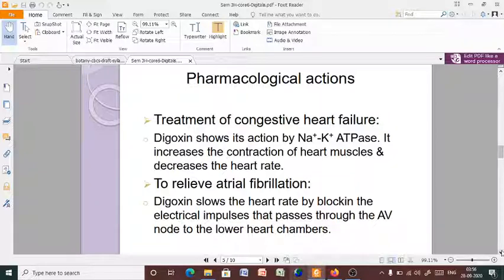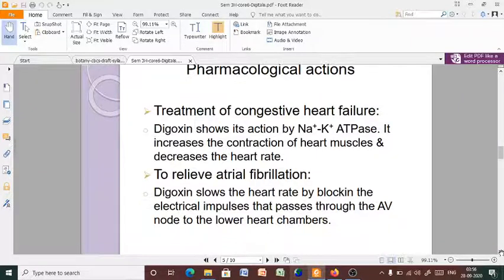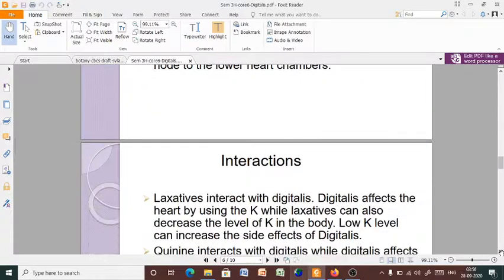Then, to relieve atrial fibrillation, digitoxin, or especially digoxin, slows the heart rate by blocking the electrical impulses that pass through the AV or atrioventricular node to the lower heart chambers.